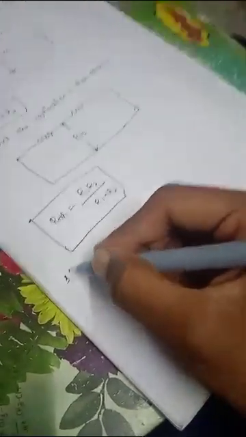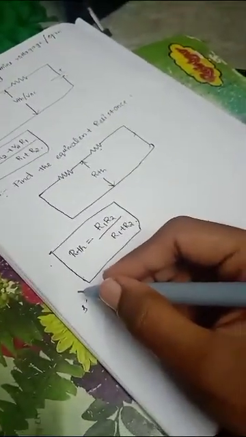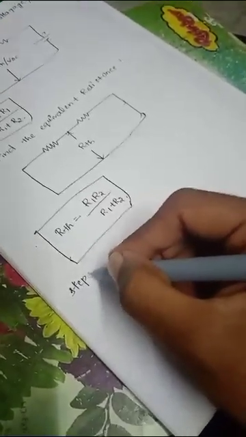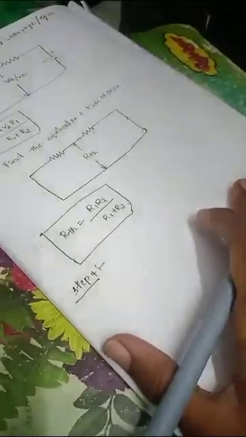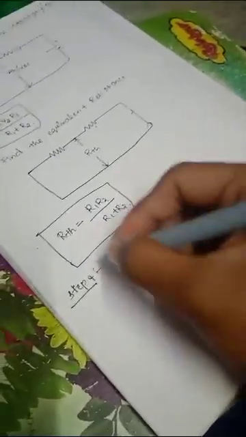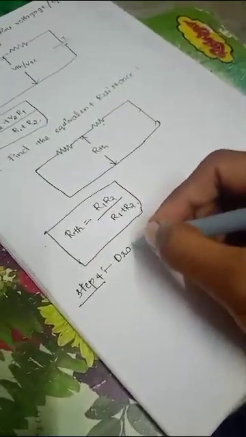So what is step 4? Step 4 is we have to draw the whole circuit using the 4 steps. So draw the equivalent circuit.